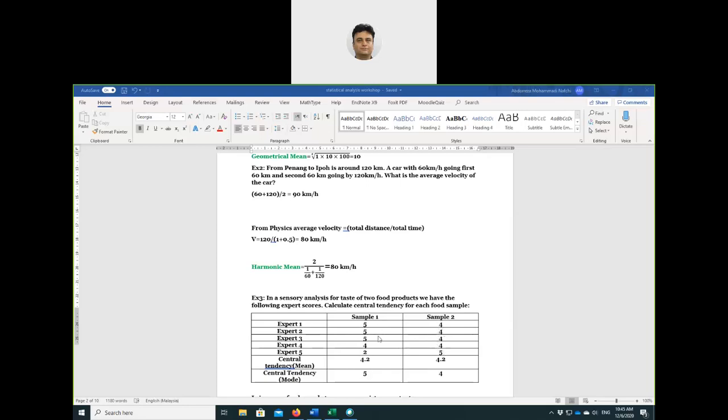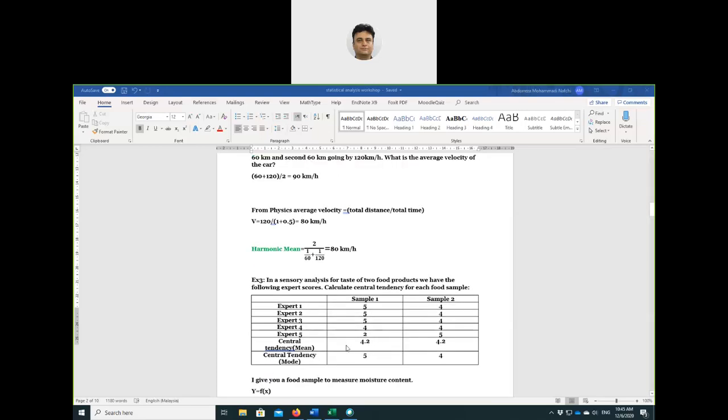So instead, in a recently published article, we see this one: instead of reporting the mean, they use the mode.